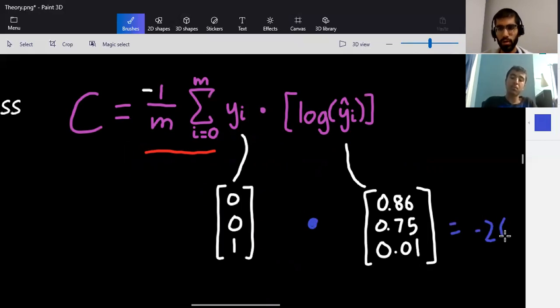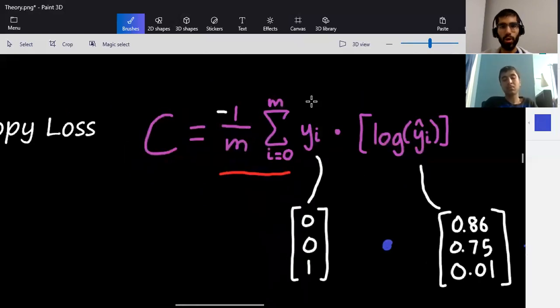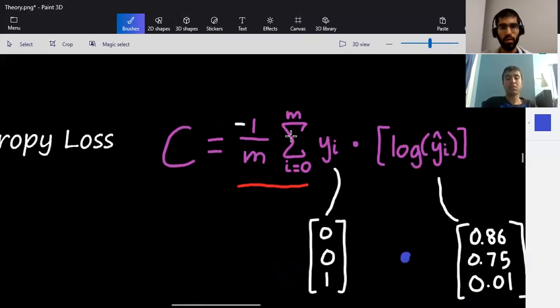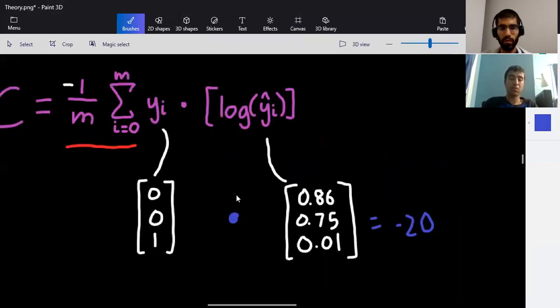Why not? So that's for this example i. We're going to sum up all of these scalars across all of the examples, then at the end take the average. And again, we're getting back negative results, so we're going to multiply by -1 to get positive results. I hope this is making sense.